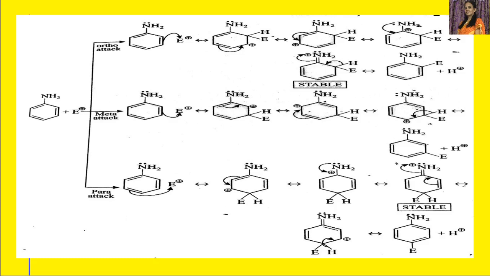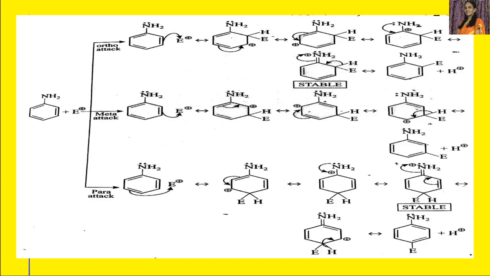So this sigma complex loses this proton from this sp3 carbon. See, loss of proton. This bond pair goes inside, and the double bond present between this N and H, this pi bond's electrons get transferred towards nitrogen.